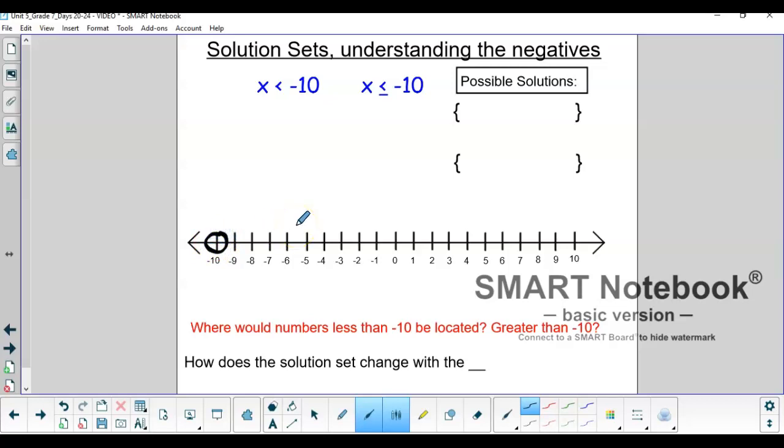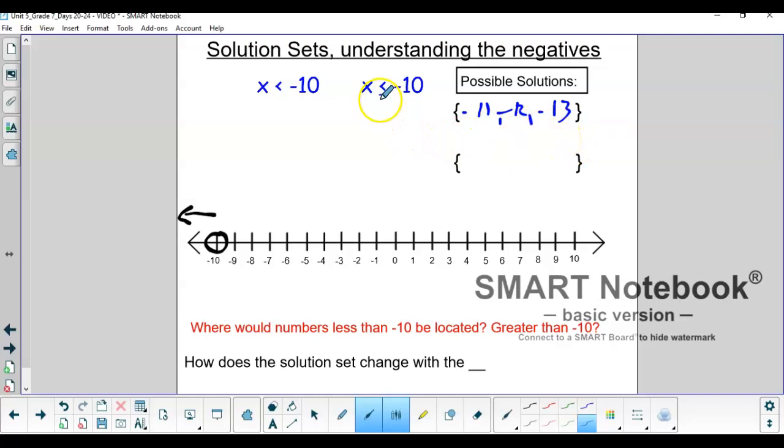We're going to get into graphs a little bit more tomorrow, but anytime we have just less than, we're going to use an open circle. Now, any number that is to the left of -10 would be considered less than. So if I wanted to come up with a solution set, the first number that is less than -10 is -11, then -12, and then -13. So anytime we say solution sets, you got to have at least 3 numbers.